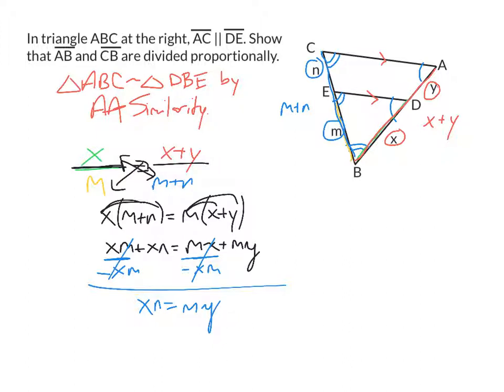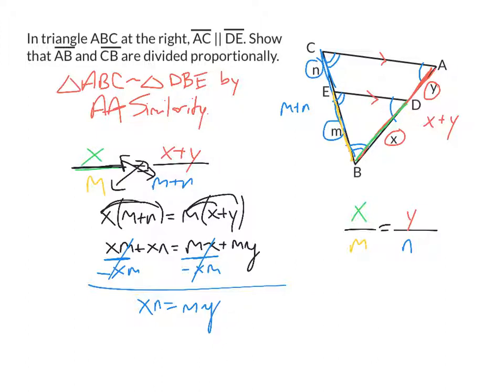Okay, and what I also want to show you then, in these two figures, we knew that from B to D was x, and from B to E was m, and that was equal to going from D to A was y, going from E to C was n.